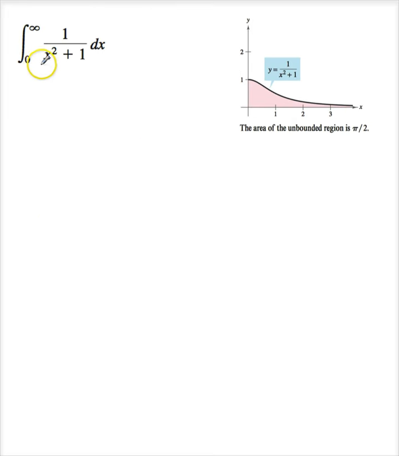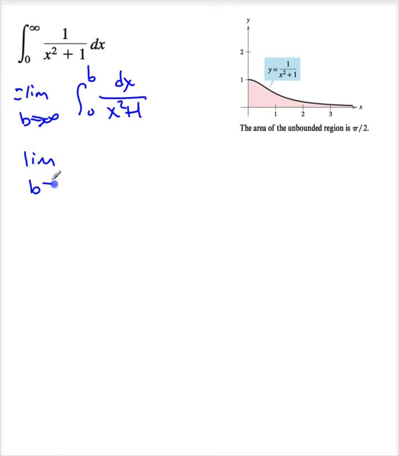What about the integral from 0 to infinity of 1 over x squared plus 1? Again, we're going to rewrite this as the limit as b approaches infinity of the integral from 0 to b of dx over x squared plus 1. Now we know this is the arctan of x, evaluated at 0 and b.